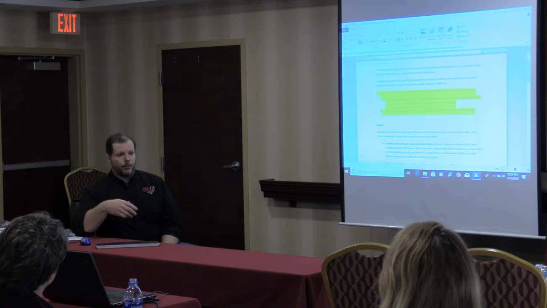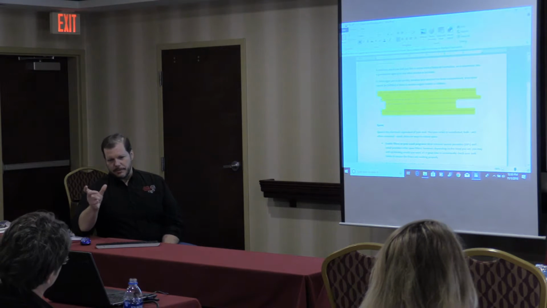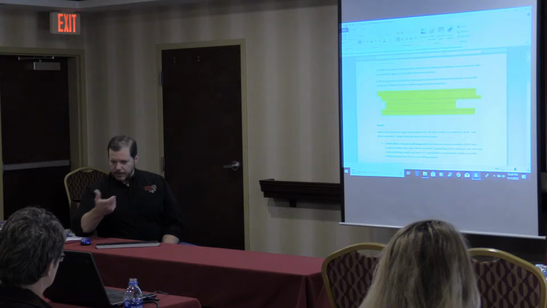People fall for it because it's their boss sending them this email. They just look at it and they don't look close enough to see that it isn't really that person. Then they get access into the network, and once they have one machine on the network that they can get into, they can get into everything.